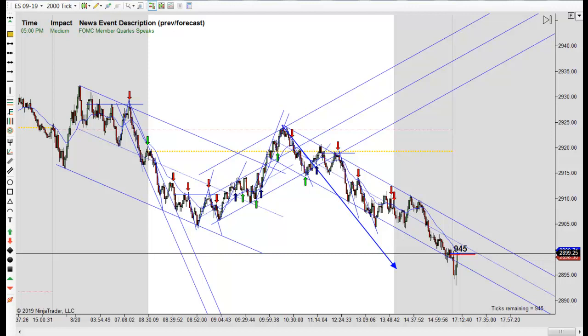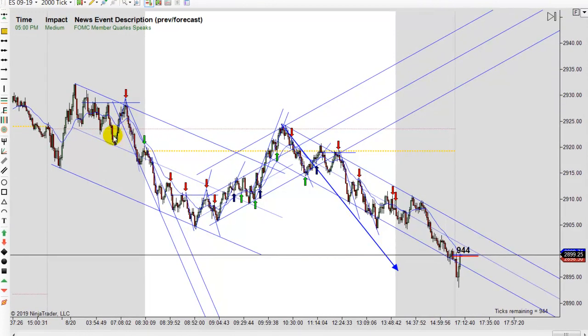Just to give you an idea what the day was like, early on when we started rallying, what you're probably looking for is either this is going to be a range day, which is not as likely because we're trading well outside the overnight highs and lows, but there's a gap here on the daily chart. You won't see it on this chart because there is no gap on this chart. But if you're trading the daily chart, it closed here yesterday and it opens here today.